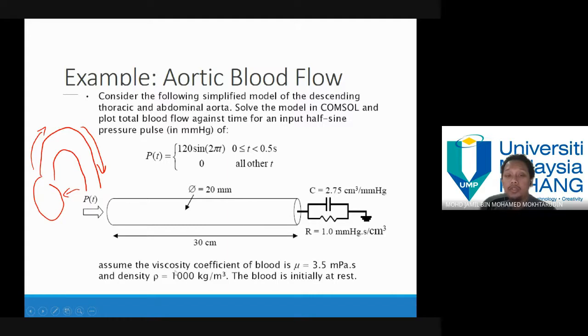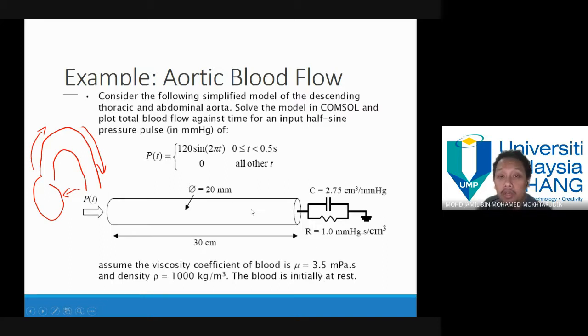And assume the viscosity of the blood in the aorta equals 3.5 millipascal times second, and the density of 1000. And assume at time 0 the blood is at rest, doesn't move.